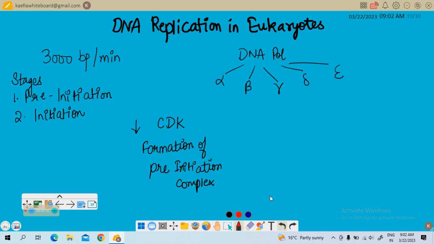Now if CDK concentration is high, how this works is we have two phases, G1 and S phase.